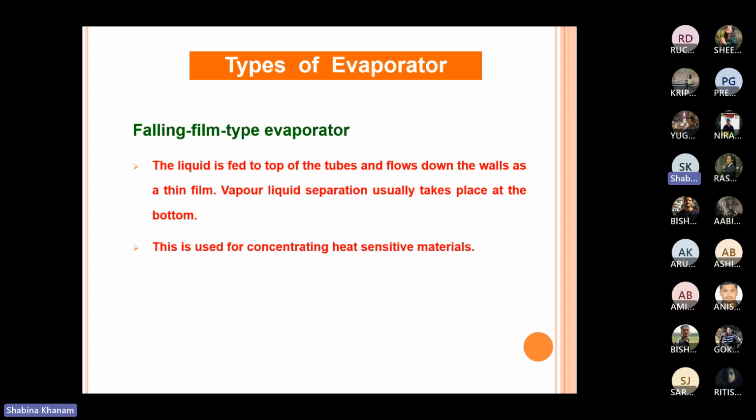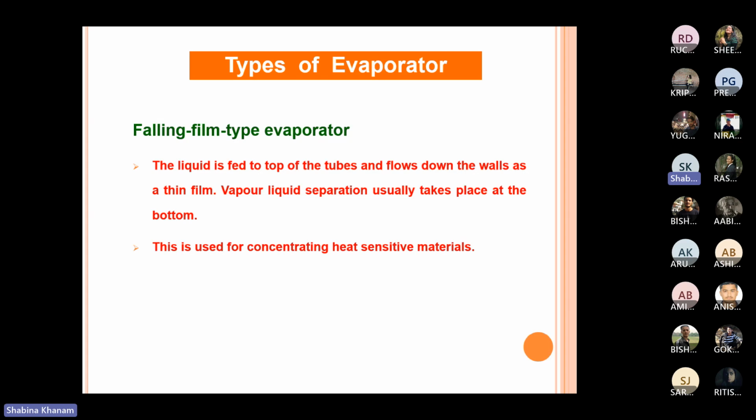This is used for concentrating heat sensitive material. Because the falling film evaporator has the separator at the bottom, recirculation is not considered. Therefore it is mostly used where heat sensitive materials are involved, such as food and beverages. Like concentrated juice, if you need to make that, you need to further concentrate it in the evaporator.